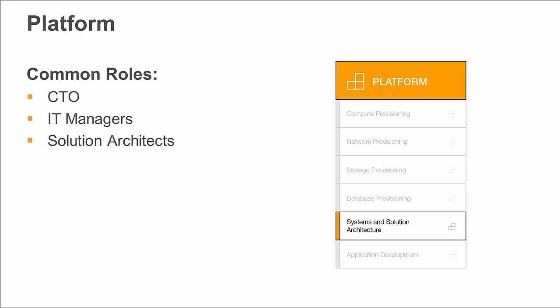So there are some core design principles and decisioning matrices that start to become very critical in the systems and solution architecture space. So from a skills perspective, there are definitely some new skills needed to understand how to best take advantage of cloud services. But also from a processes perspective, some of the core architectural processes need to shift to really ensure that they're taking advantage of these new paradigms.